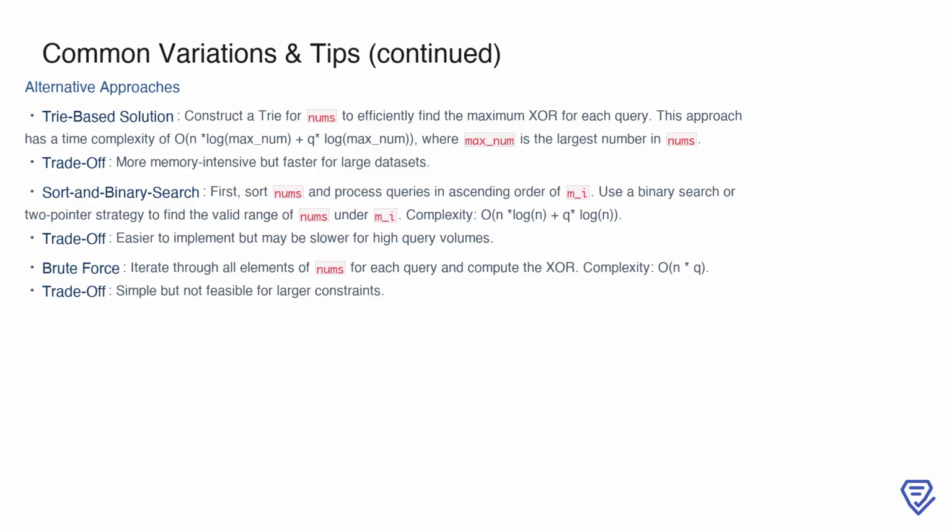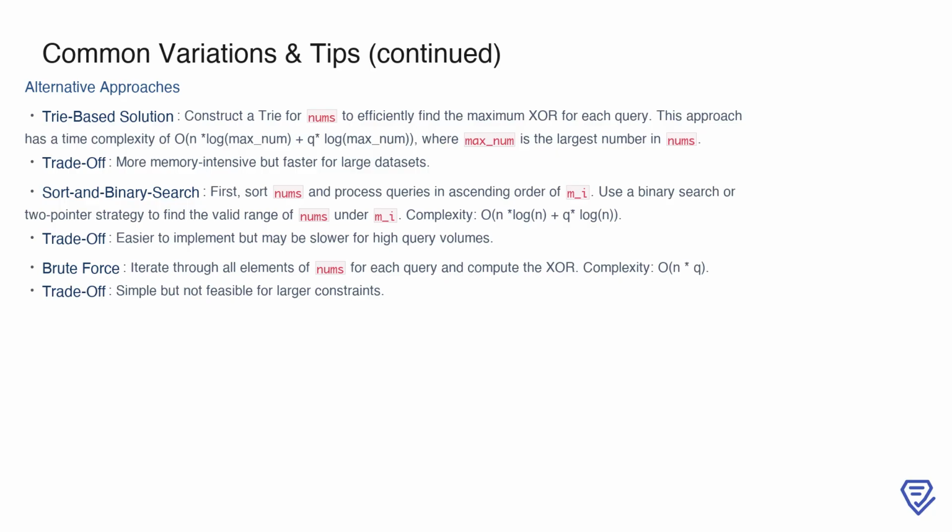Another option is the sort and binary search approach. Here, you first sort nums and process queries in ascending order of m_i. Using binary search or a two-pointer technique, you can identify the valid range of nums under m_i and then compute the XOR. This method has a time complexity of O(n log n + q log n), and is easier to implement, though it may be slower for high query volumes.